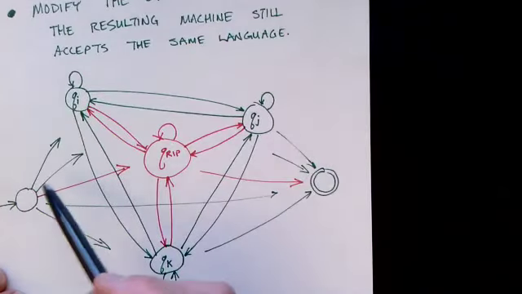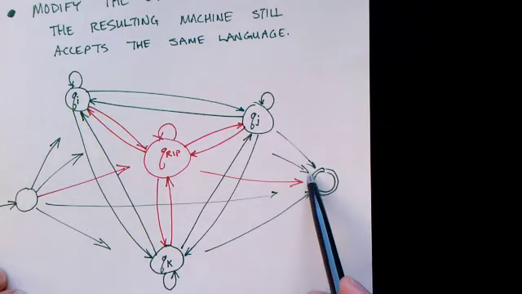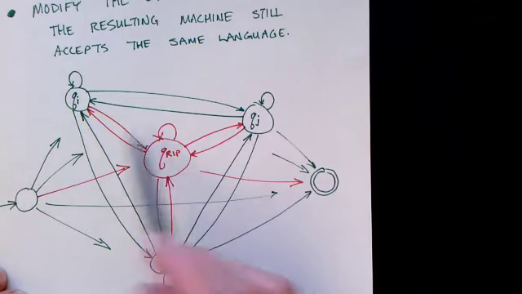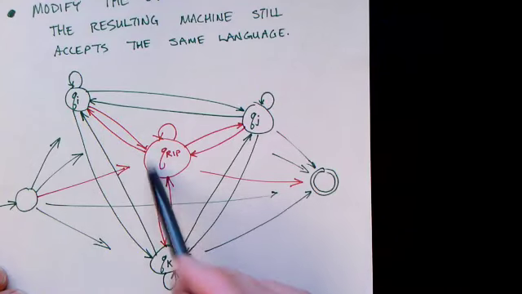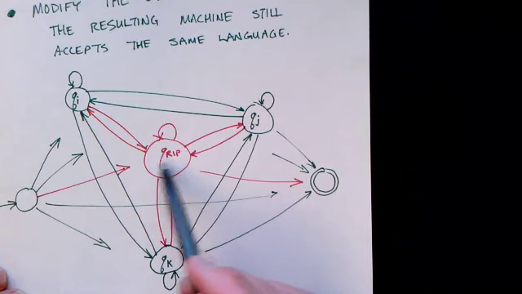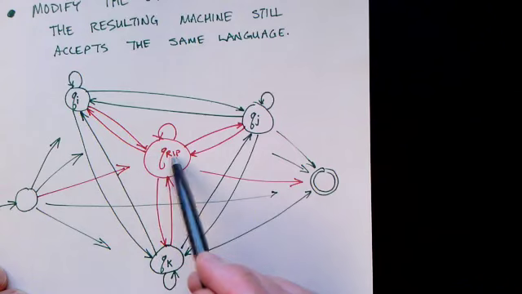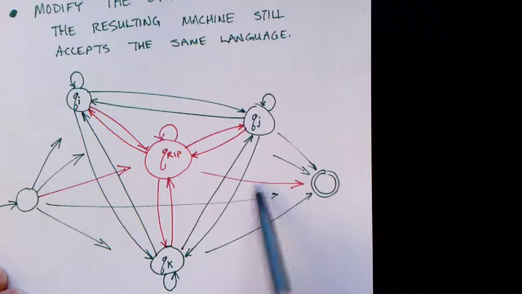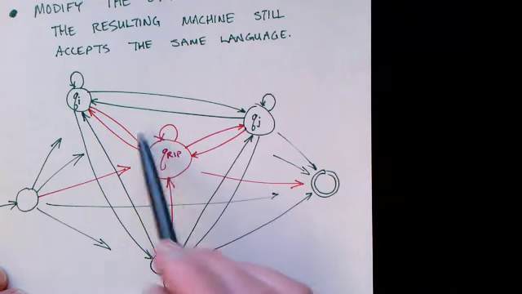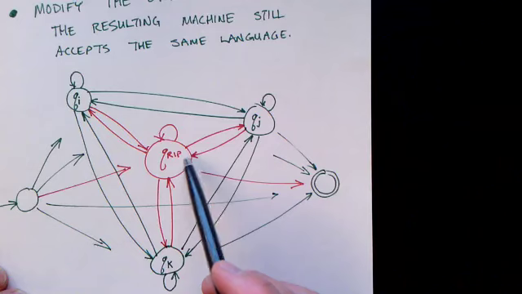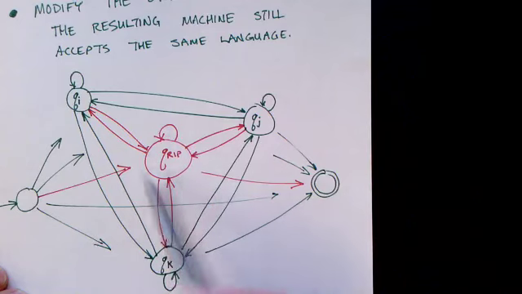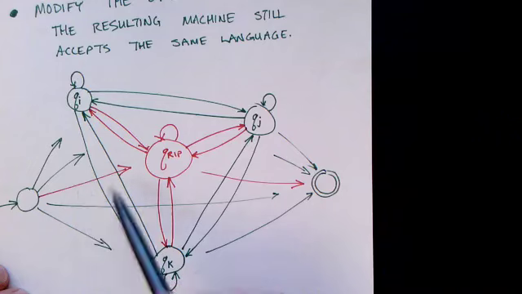Okay, so here's a machine, initial state, final state, and it's got 4 other states with full interconnectivity. We're going to choose some state, such as this one right here, and we're going to remove it and all the edges that go to it and all the edges that go away from it. So all the edges that are in red will get removed, and we'll simplify the machine by modifying all the remaining edges.